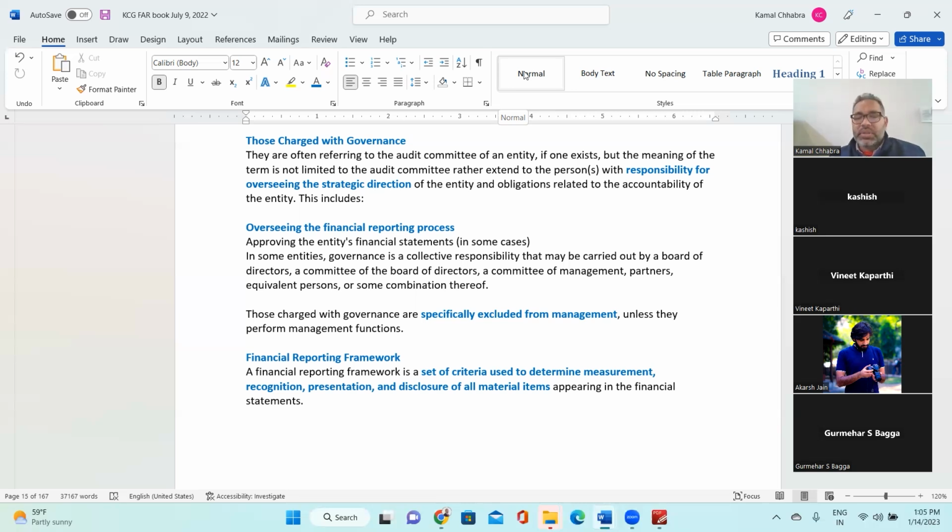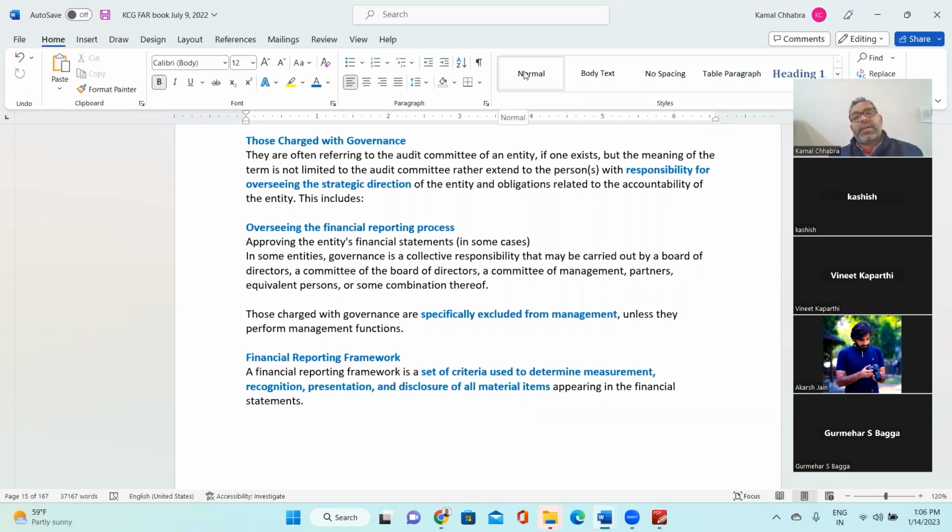Like CEO, CFO, finance controller, vice president, president, AVP, and the respective business unit heads. Those people come under the management category. Those charged with governance should be different from management. There might be a possibility that one or two management persons are part of those committees, which are considered as those charged with governance, but not the majority.